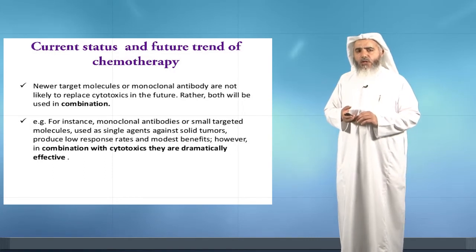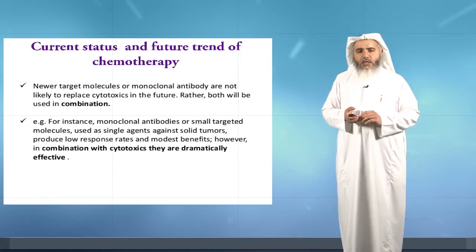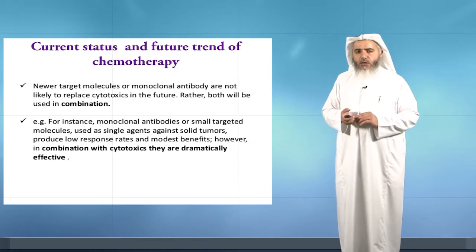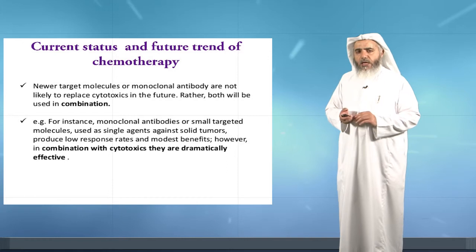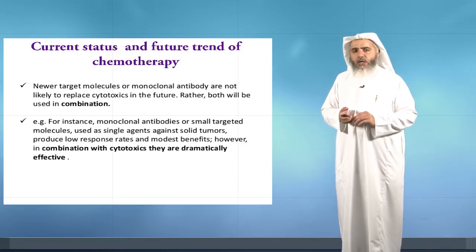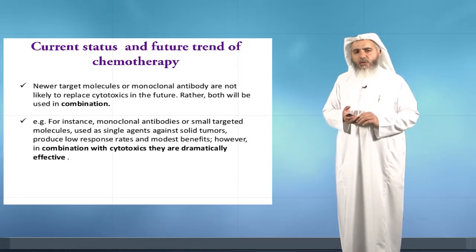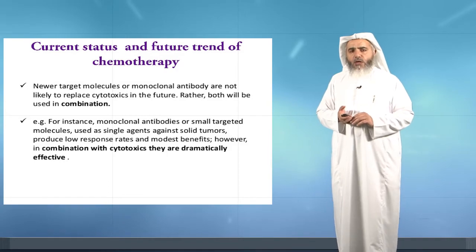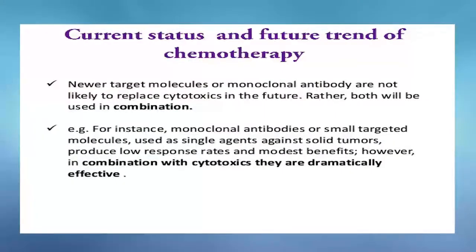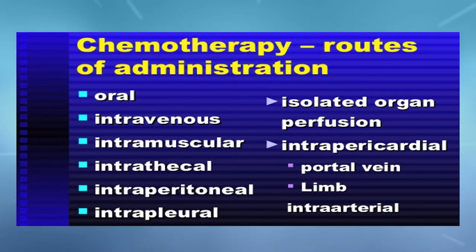Targeted therapy usually causes minor side effects like skin reactions and minor allergy, but it attacks a certain part of the cells and the patient gets huge benefit. The best example of that is Glivec, which is used in chronic leukemia, and it improved survival dramatically with minimum side effects. These monoclonal antibodies usually work in combination with chemotherapy, and some of them can work alone, as we said, in chronic leukemias.